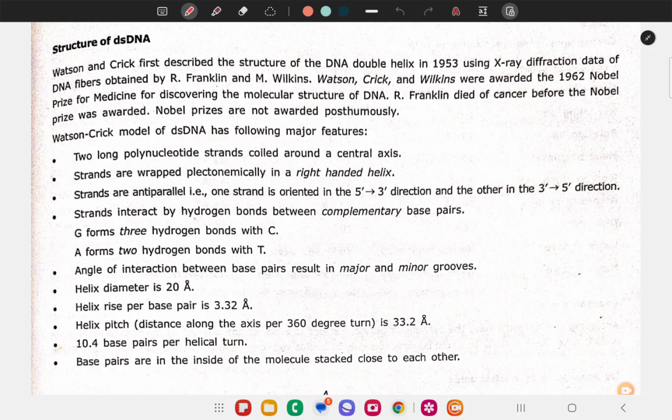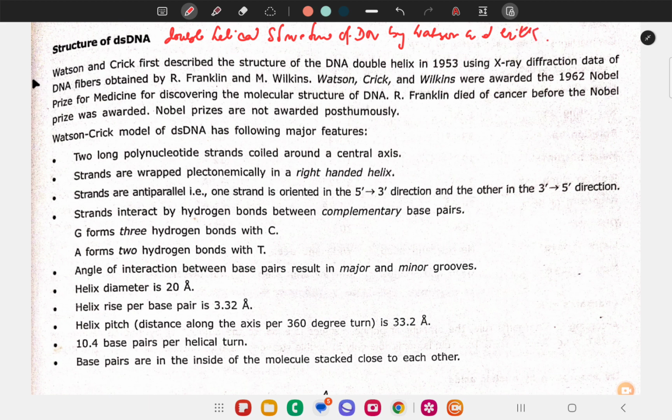Today in this video I will discuss the structure of a double-stranded DNA, or the double helical structure of DNA by Watson and Crick, 1953.